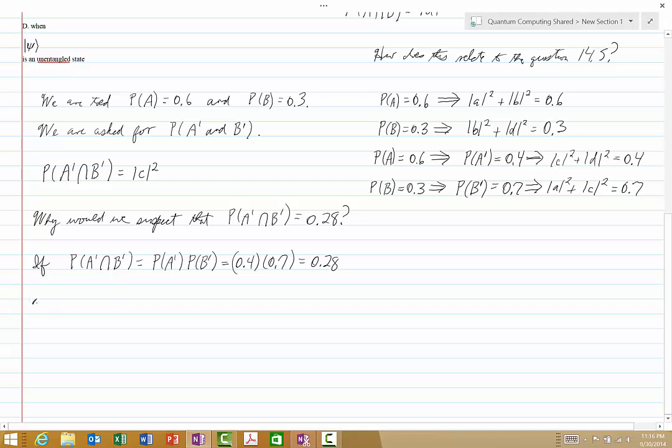But under what conditions can we say that the probability of A prime and B prime is equal to the probability of A prime multiplied by the probability of B prime?